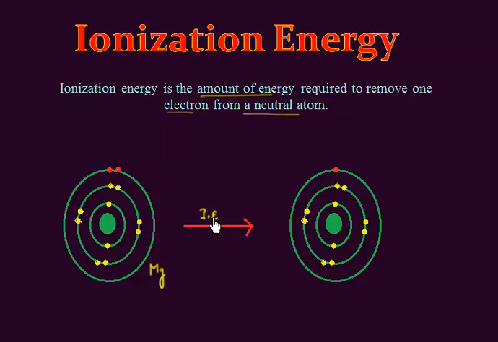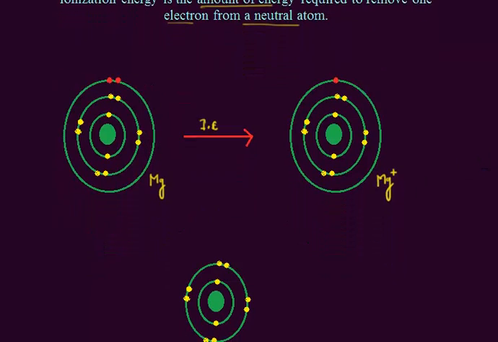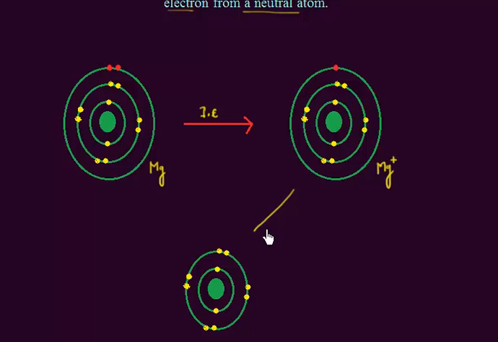And when one electron is removed from this magnesium atom, it carries a positive charge. One positive charge shows that it has lost one electron, and when the second electron of this magnesium atom is further removed by ionization energy, it carries +2 charge.